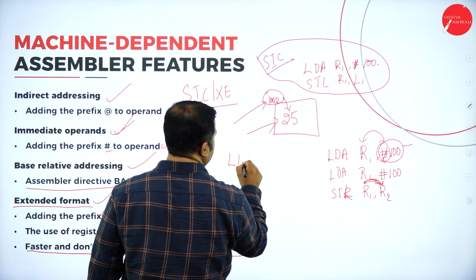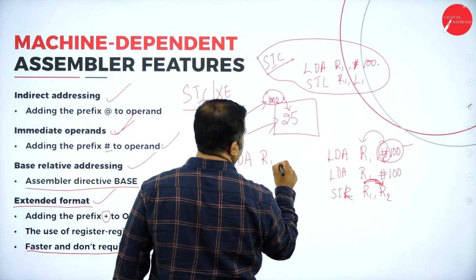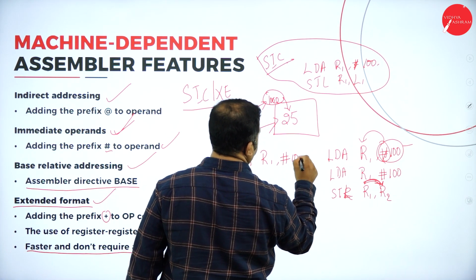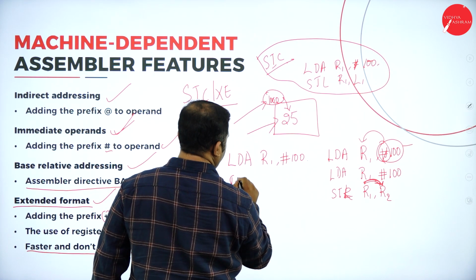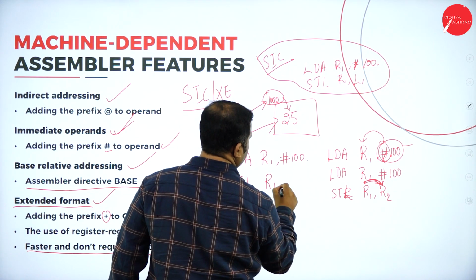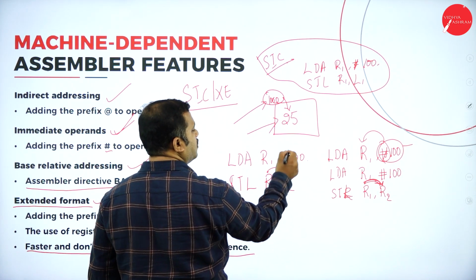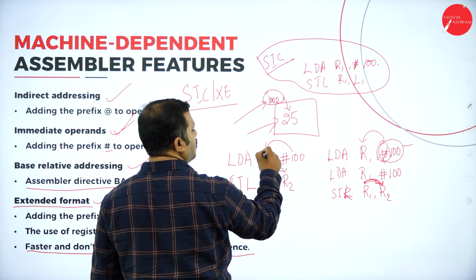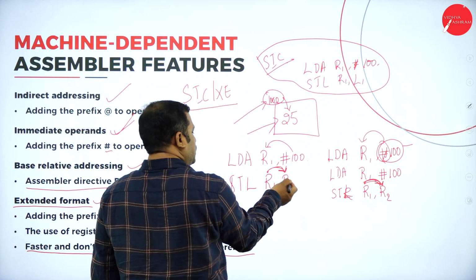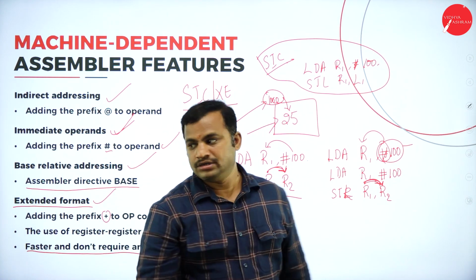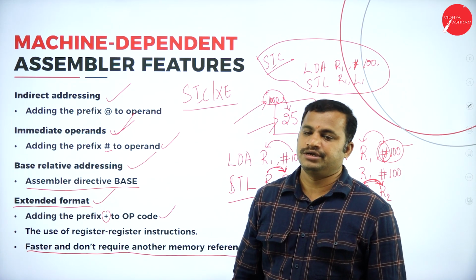That is LDA R1, 100, then STL R1, R2. So directly we are transferring the contents from R1 to R2. That is loading from 100 to R1 and R1 to R2. That is what is happening here. The same thing is stored here.